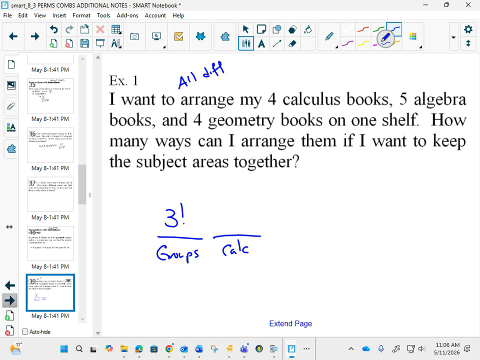They're not identical objects here. 4 different calculus books could be arranged in 4 factorial ways. 5 different algebra books could be arranged in 5 factorial ways. And 4 different geometry books could be arranged in 4 factorial ways.